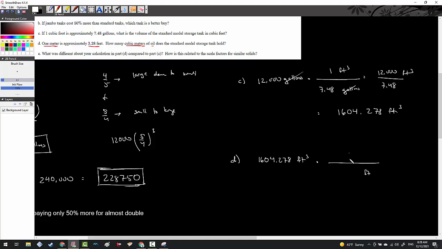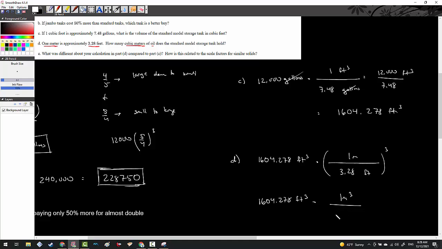Well, I know that 1 meter is approximately 3.28 feet. But again, the feet cubed and the feet aren't going to cancel each other out until I cube everything. So that's going to be 1604.278 feet cubed times 1 meter cubed over 3.28 to the third power.